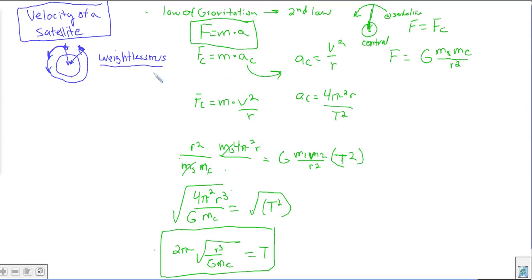All right. So let's look at how we would derive the velocity of a satellite from force equals mass times acceleration. Well, we remember that Newton said that the gravitational force equals G times the mass of the satellite times the mass of the central body divided by the distance between them squared, right?